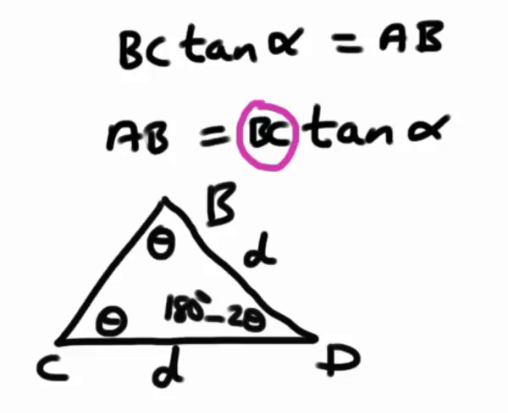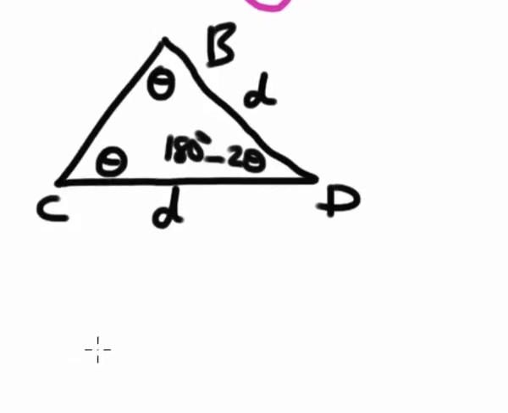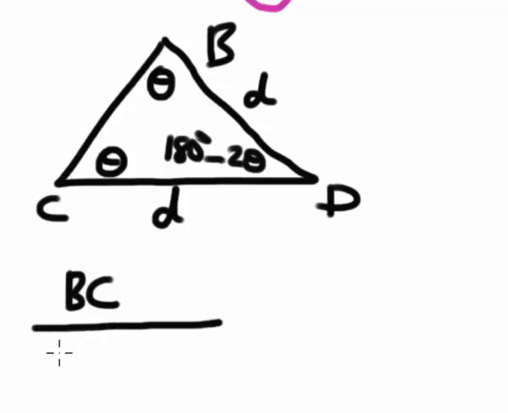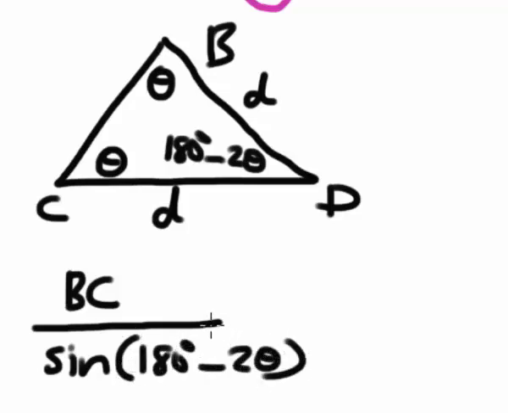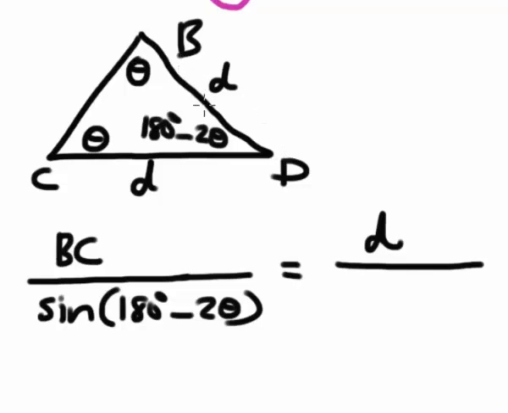The length of BC over the sine of the opposite angle, which is 180 minus 2 theta, equals little d over the sine of the opposite angle, which is sine theta.